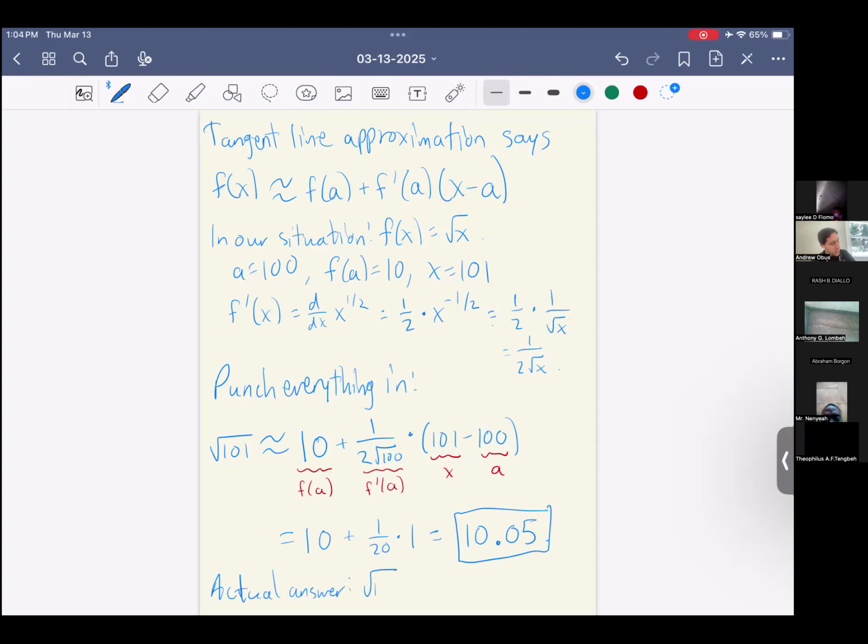The actual answer is that the square root of 101, let me put it in on the calculator, is actually 10.049876... So this is a pretty good approximation, right?